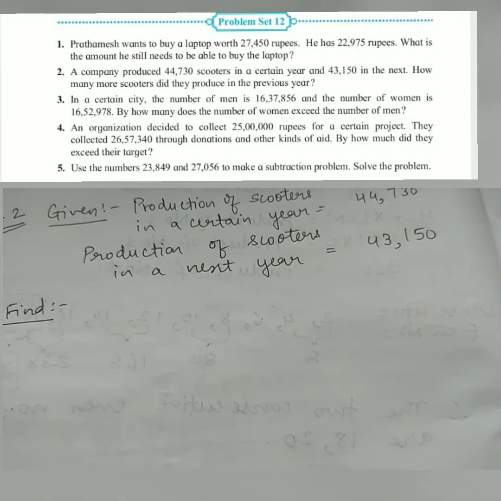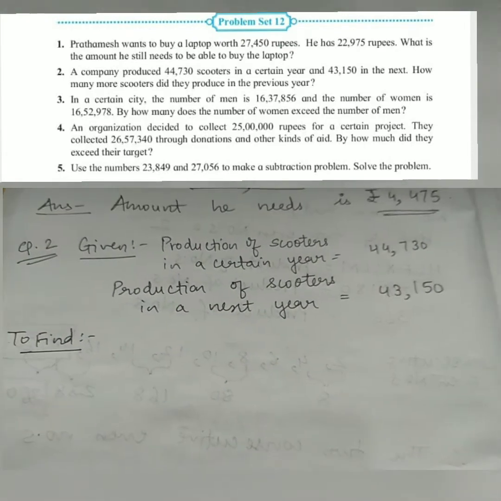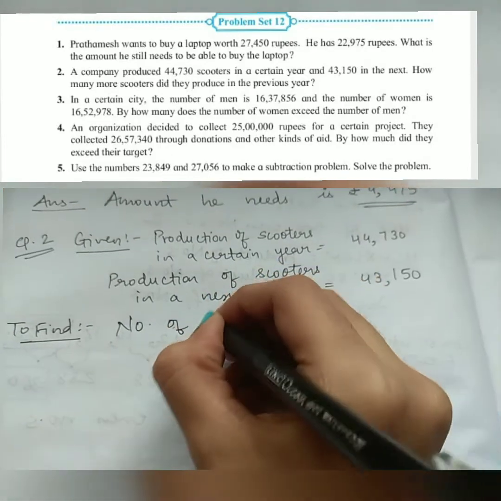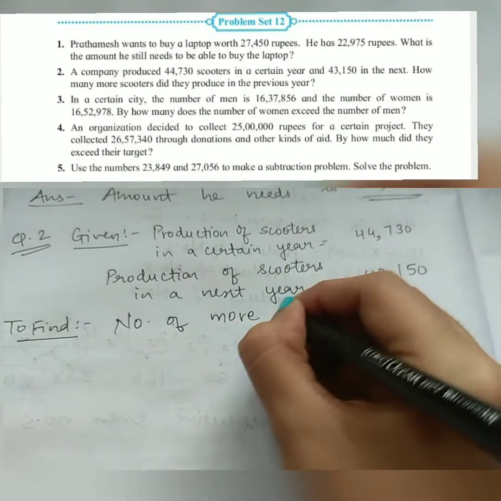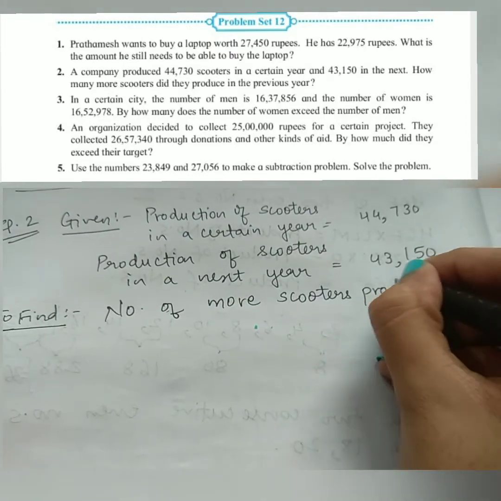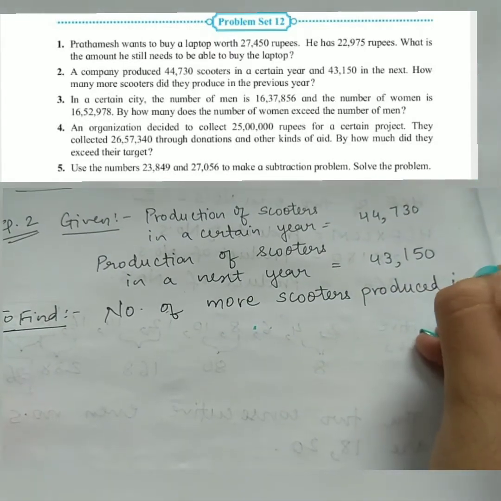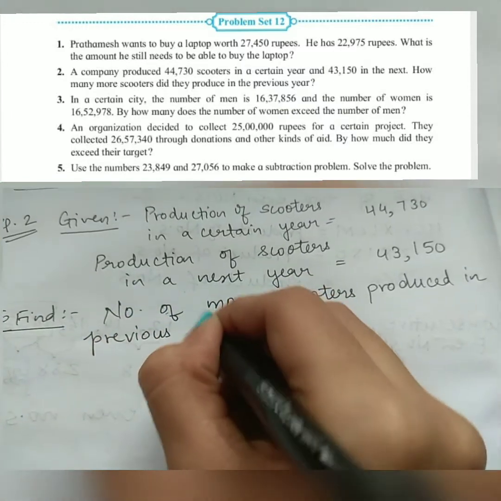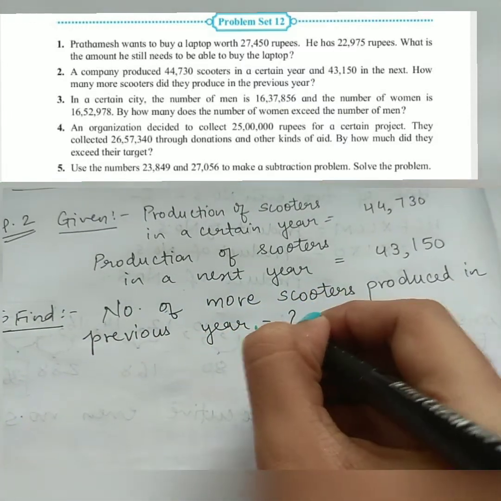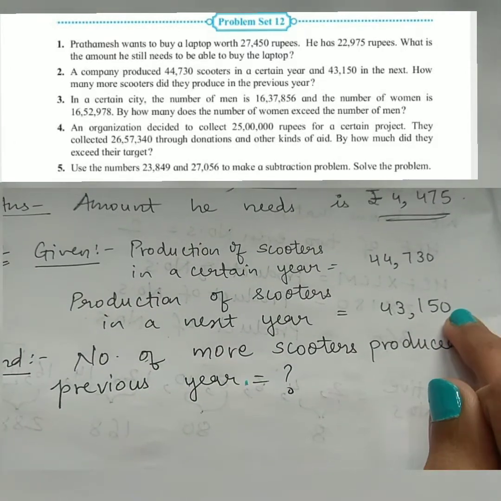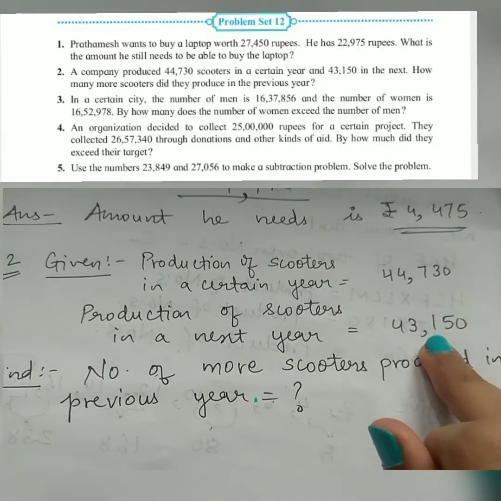How we will frame this statement, we will write number of more scooters produced in previous year, because clearly we can see that in previous year it was more and in next year numbers are less.